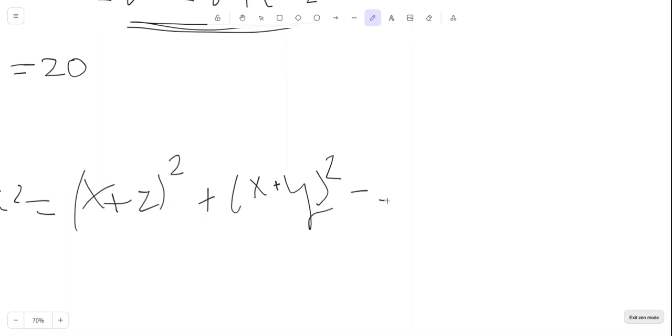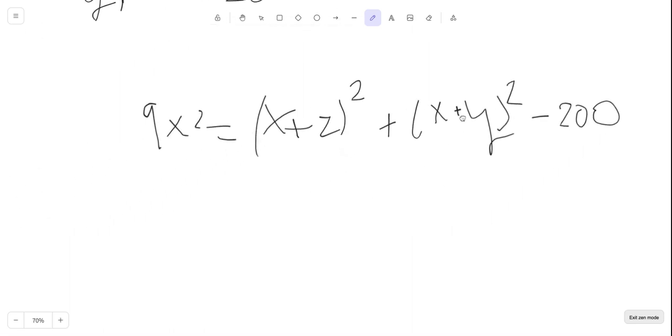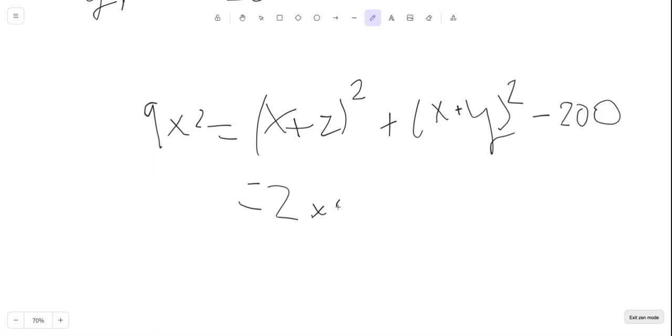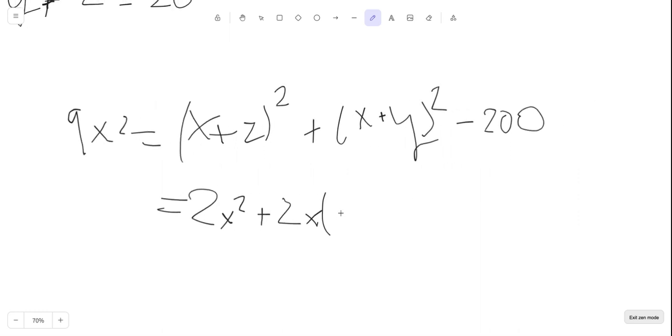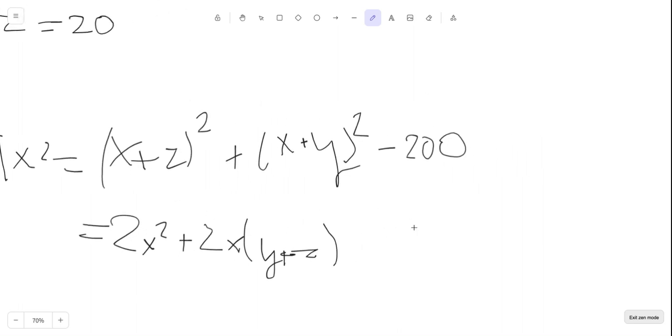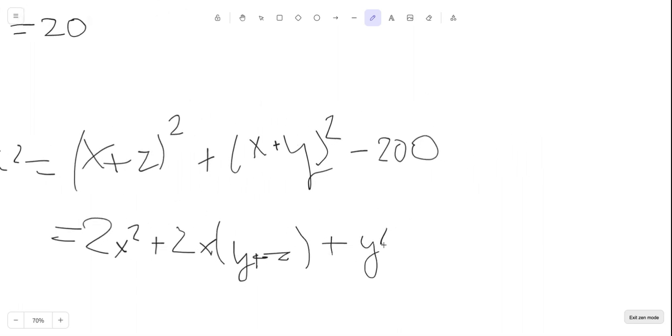Now minus 200, of course. And this is equal to 2x squared plus, if you group the terms together, y plus z, and of course y squared plus z squared. All I'm doing is expanding these first two terms on the right hand side, minus 200.